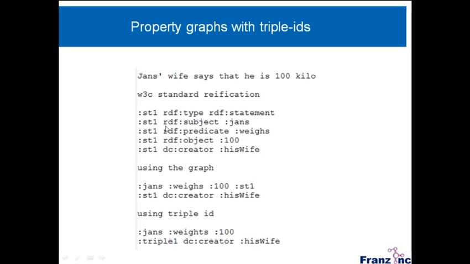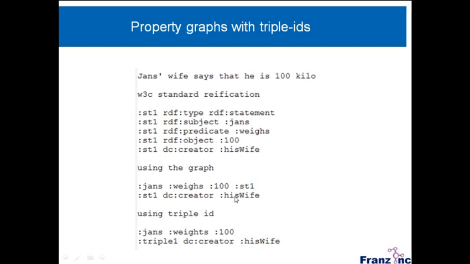Yeah? So we need about 5 statements to interpret this sentence here. Now, if you do the same statement with the graph, then you could say Jan's weighs 100, statement 1, DC creator, his wife. And this is, of course, what I've been showing in the first 2 examples.